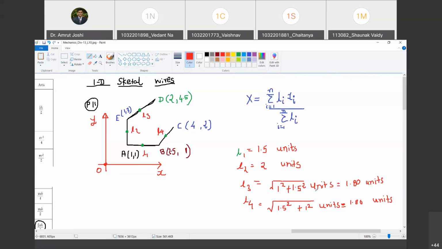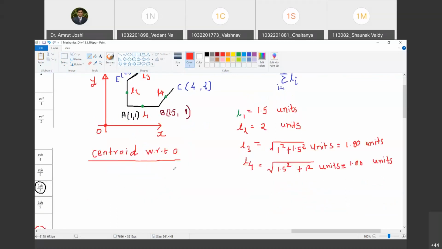Okay. Now, centroid किसके हिसाब से locate करना है? So let me say we have to right now locate centroid with reference to O. So what is the table that we are going to make?